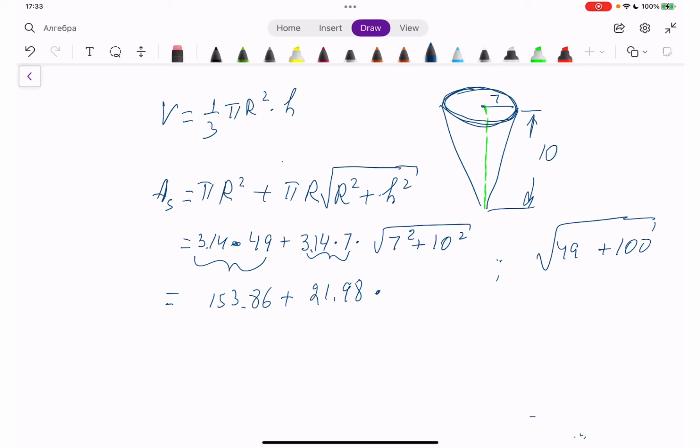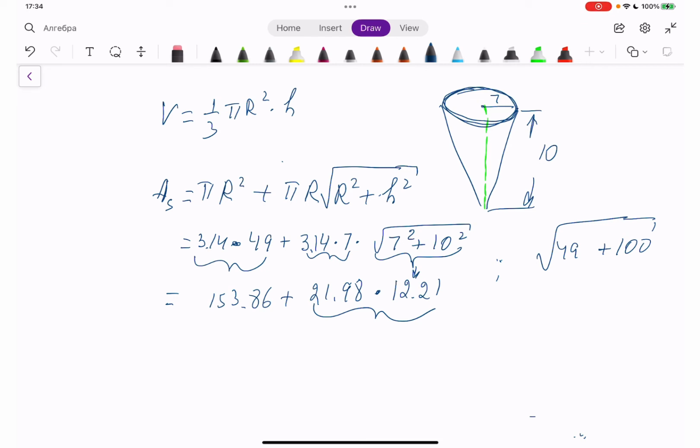Yeah, 12.20. 12.21. Okay, so 12.21, I am multiplying by 21.98, and this is going to be this piece, and this is this piece here.